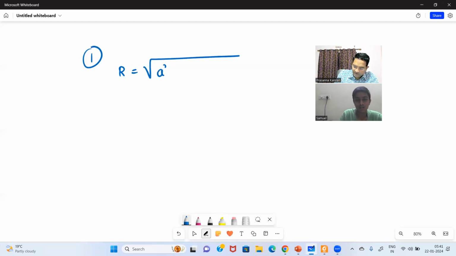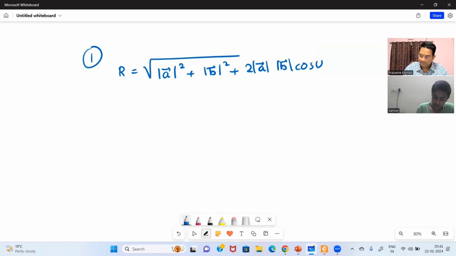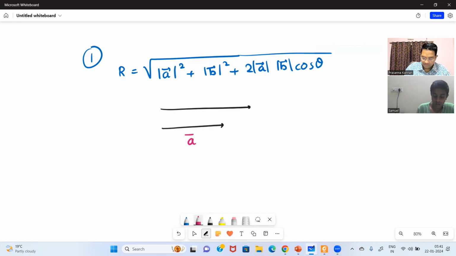R is equal to root of a square, or to be perfect, modulus of a whole square plus modulus of b whole square... So when two vectors are in the same direction, the magnitudes may be different, but as long as they are in the same direction, we understand the angle between them is what? 0, because we know that from straight lines, right?